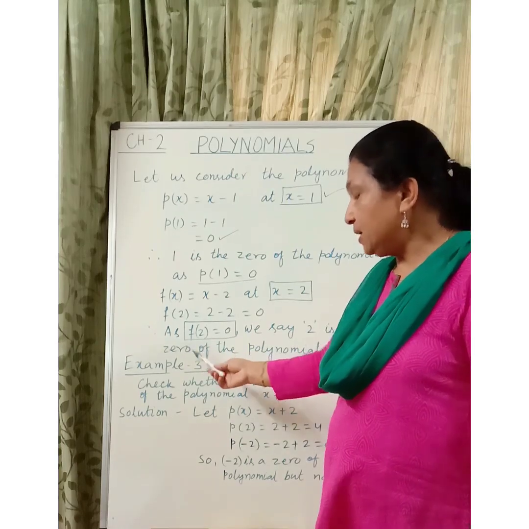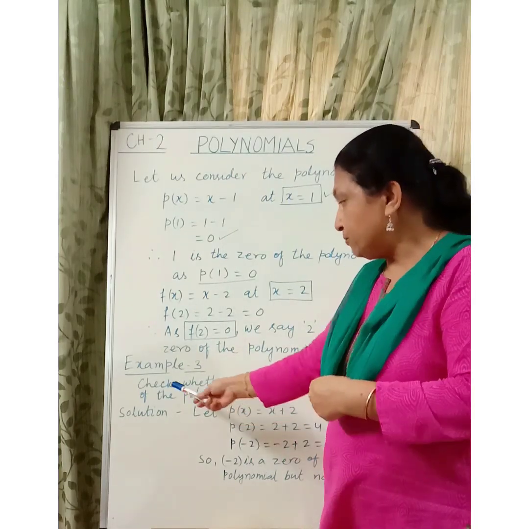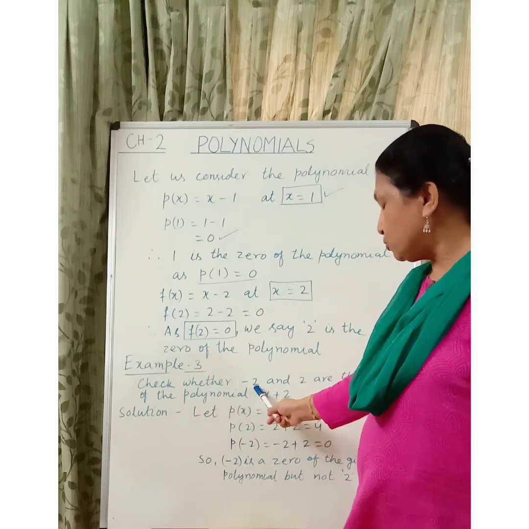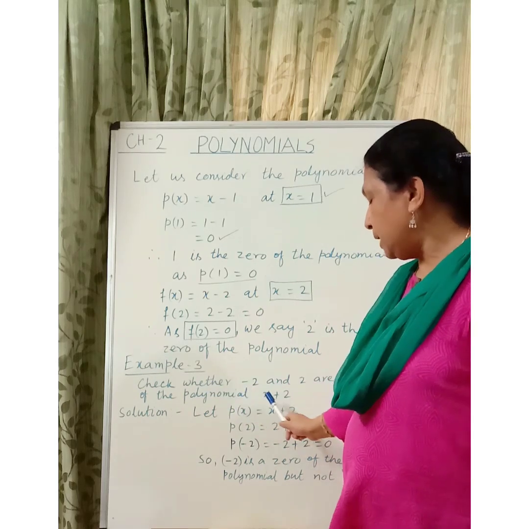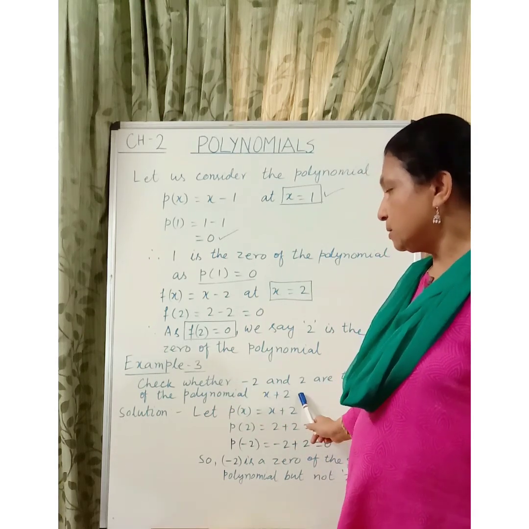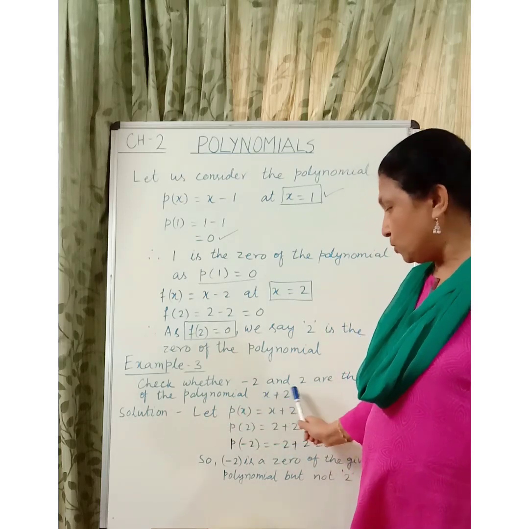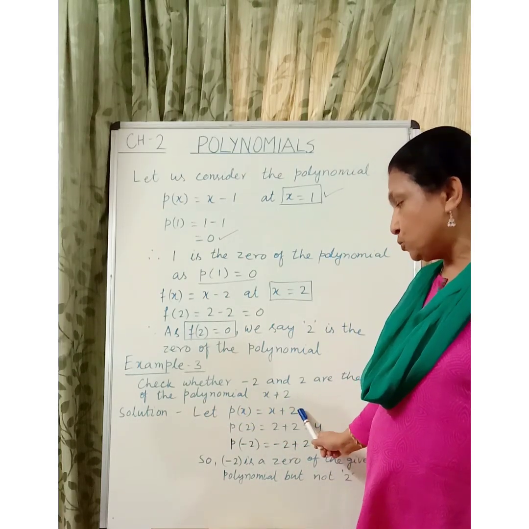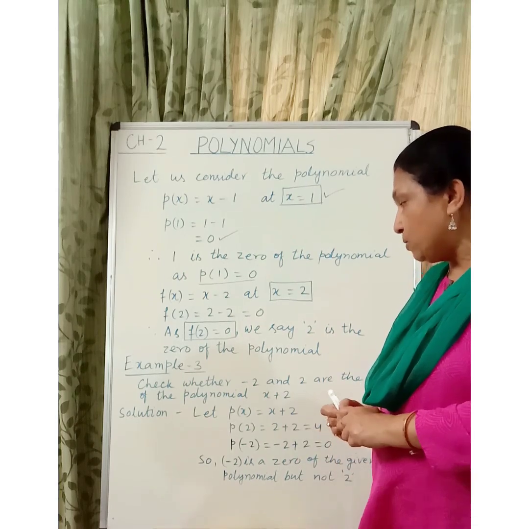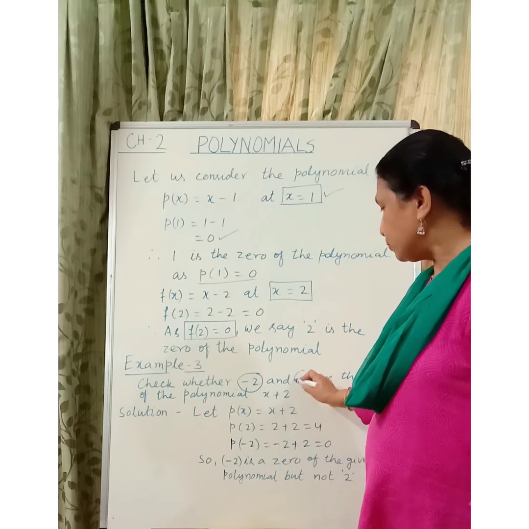Now we have taken example 3 of the NCERT book. We have to check here whether minus 2 and 2 are the zeros of the polynomial x plus 2. So let us take the given polynomial as p(x), that is equal to x plus 2. So now we will be finding out p of minus 2 and p of 2.